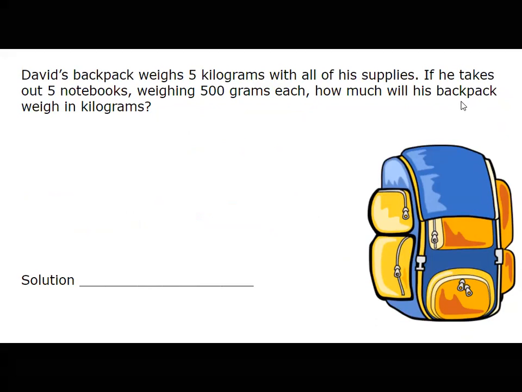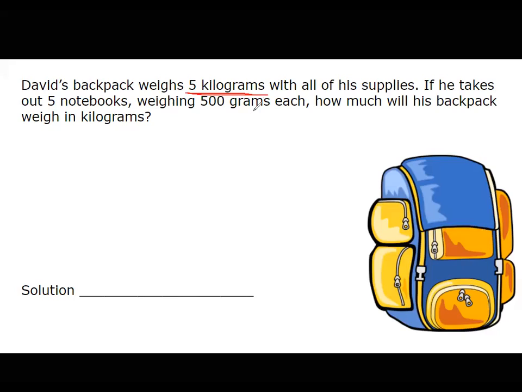So it's very important that you read the information, and if you have different units of measurement, you need to make sure that you indicate that. I like to make sure whenever I underline my information, I underline what I have to start with, and then if they're asking about a different measurement, I like to draw a box around it or circle it.